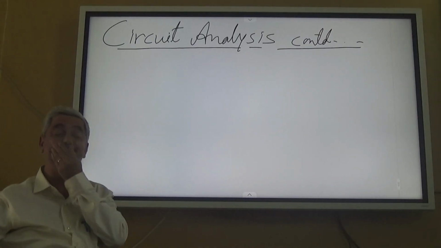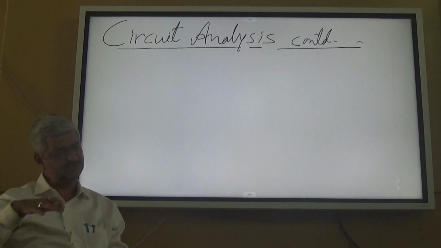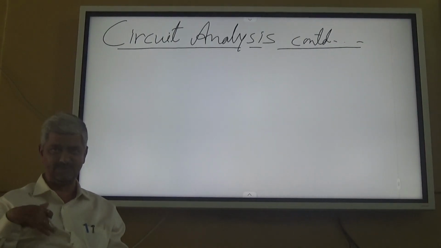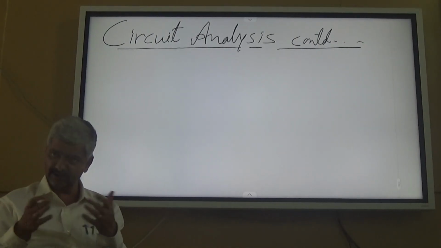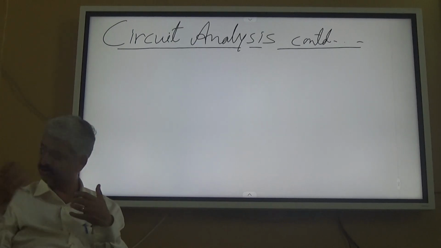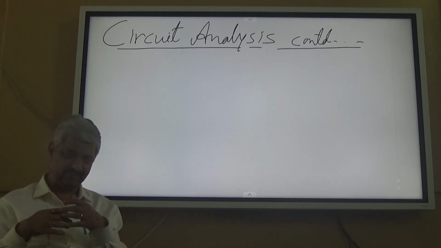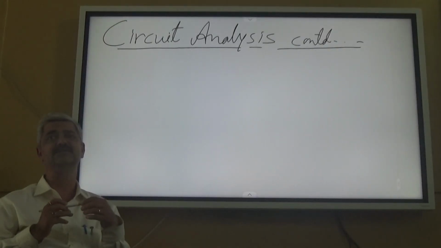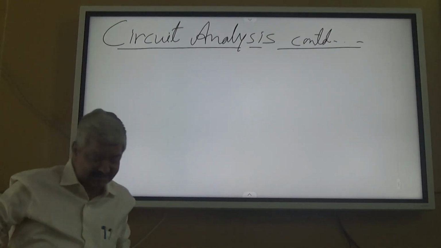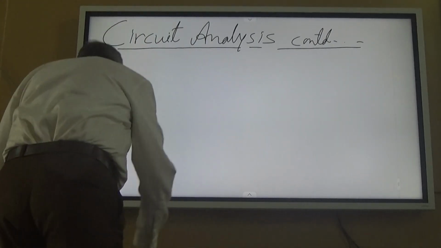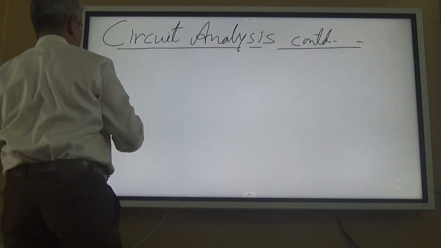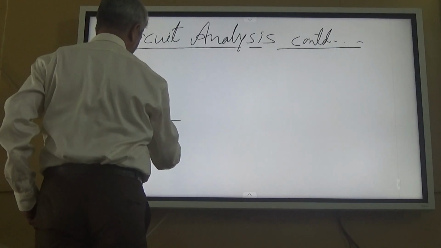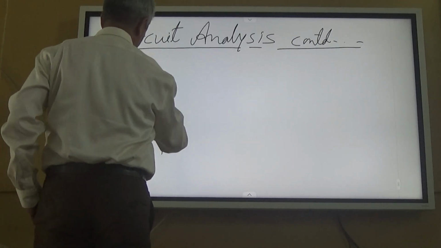So Millman's theorem is, once we have Thevenin's theorem, it covers everything. But sometimes for some specific circuits, we will take an example and I will show you how Thevenin's theorem also is somewhat difficult to find the answer.